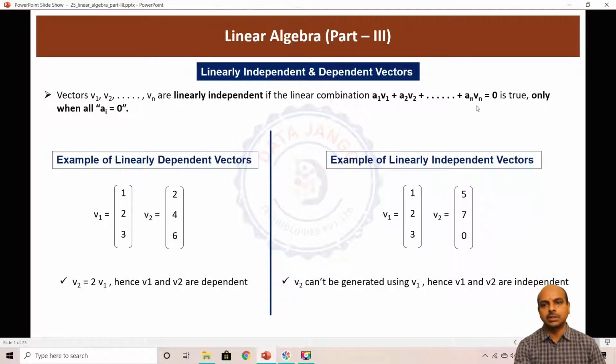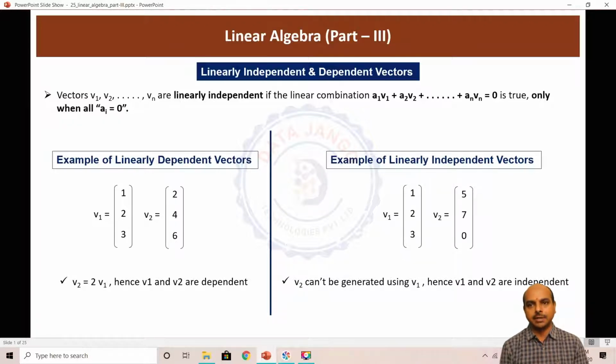All coefficients are 0, then only it is 0. No other coefficients can make the linear combination of vectors 0. Any non-zero numbers in this equation multiplying the vectors and making it 0 makes the vectors dependent. The linear combination of vectors is equal to 0 only when the coefficients are 0.